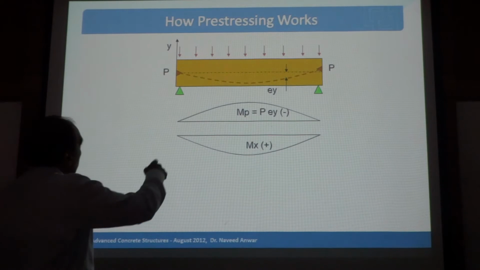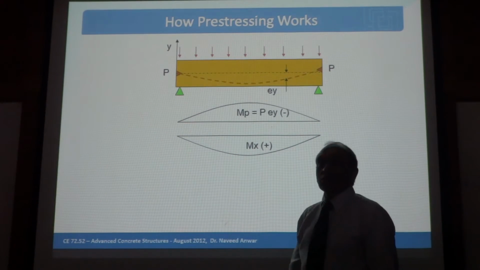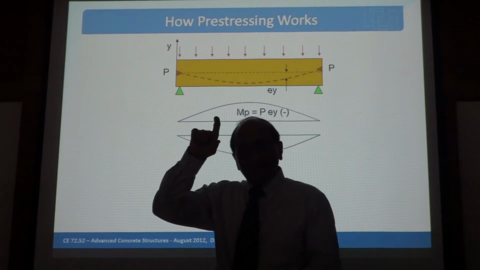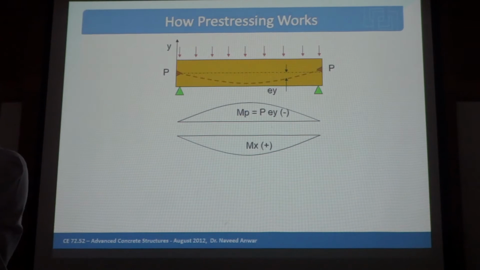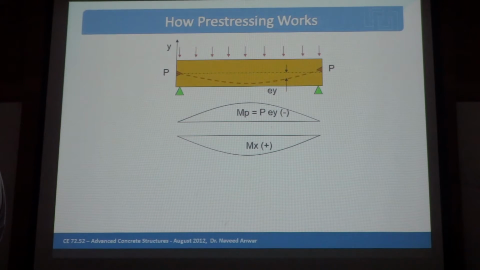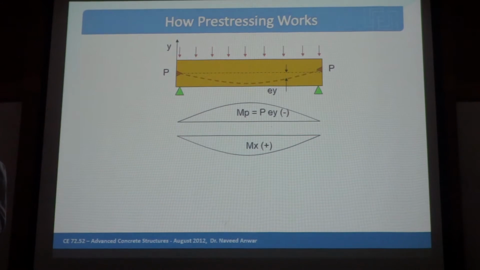Which means we put this strand like that, with not a constant E, but E changing in the same proportion as the bending moment is changing from the load. And then the P can be adjusted to match the value of the applied loading.